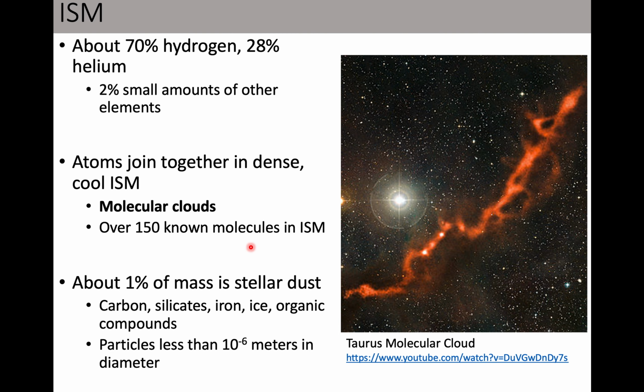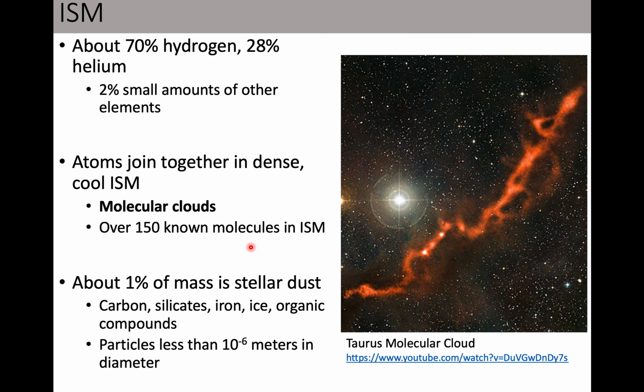It's a really dense, relatively cool cloud of molecules. Atoms will join together and form molecules in this really, really dense, cool cloud of ISM. There's actually over 150 molecules that we know exist in clouds of ISM.